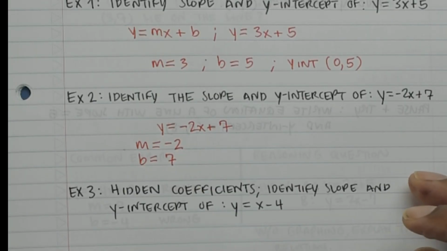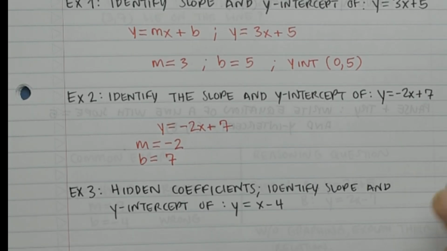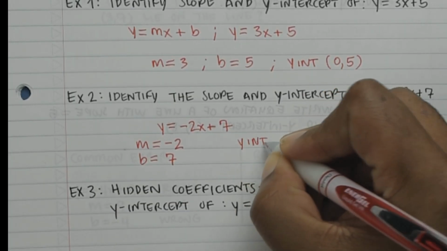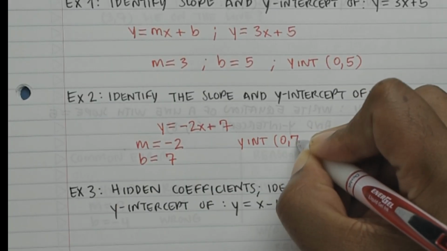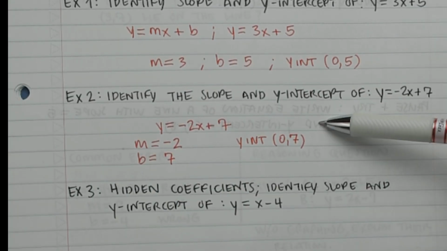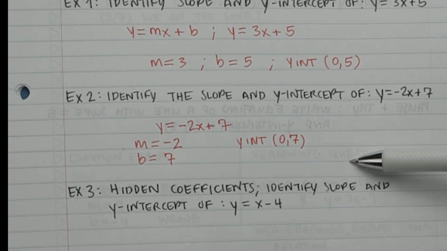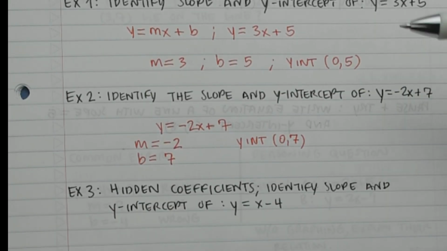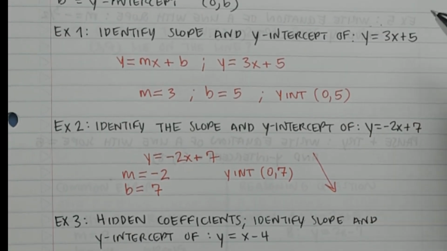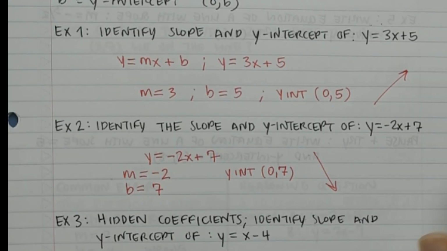Therefore, the line has a negative slope and crosses the y-axis at (0, 7). Because the slope is negative, the line falls from left to right, okay? So a negative slope, again, tends this way, and a positive slope tends this way, okay?